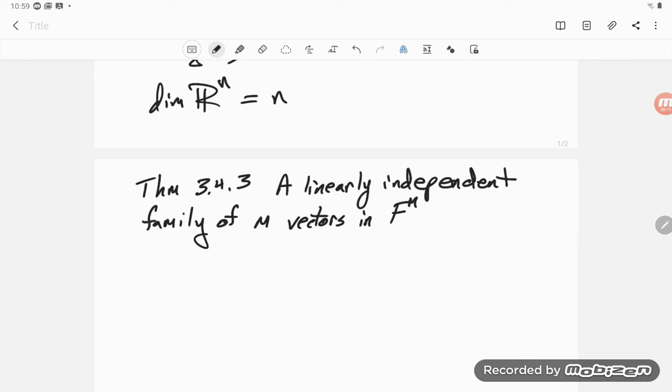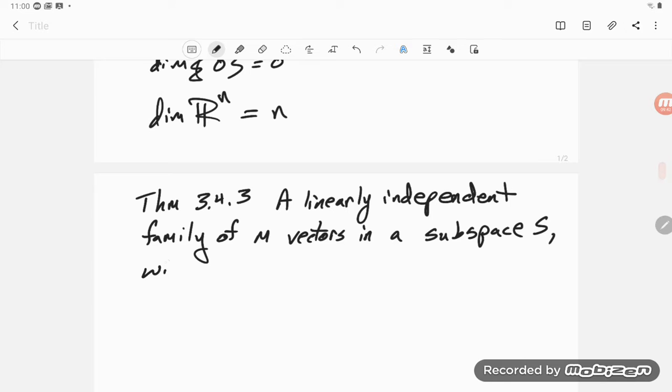A linearly independent family of m vectors in, not Fn, they say in a subspace S with the dimension of S equaling m must be a basis.